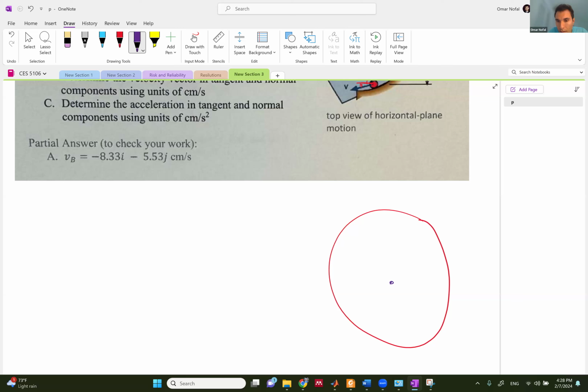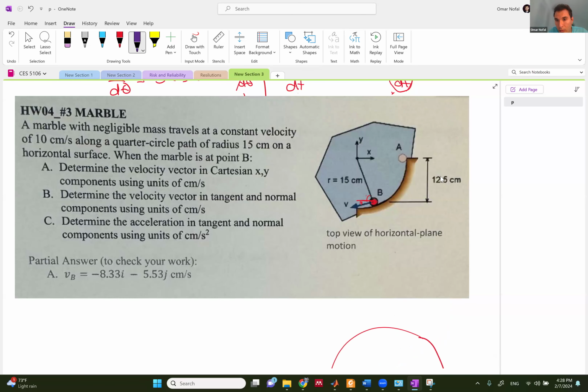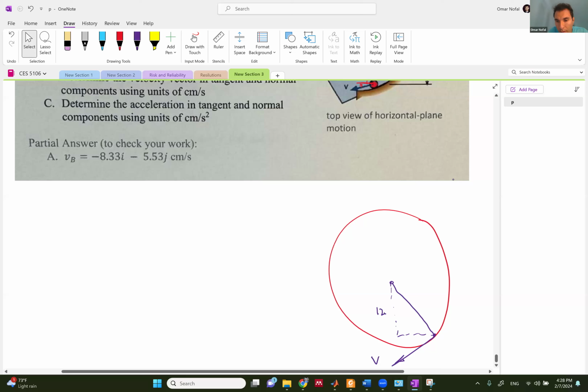I know my body is somewhere here, and this is the velocity vector v. I'm given that this distance is 12 centimeters. If we go up, this is 12.5, and this is the 15 centimeter radius. So I want to get this angle, because if I have it, I will be able to get the velocity components.